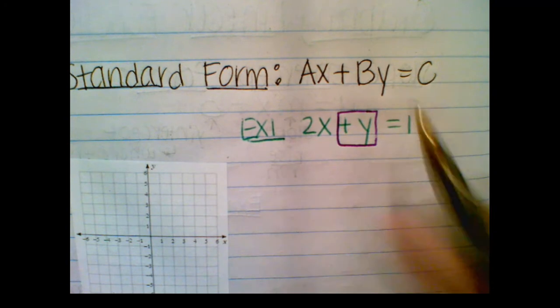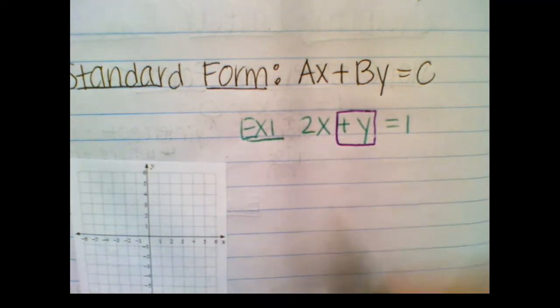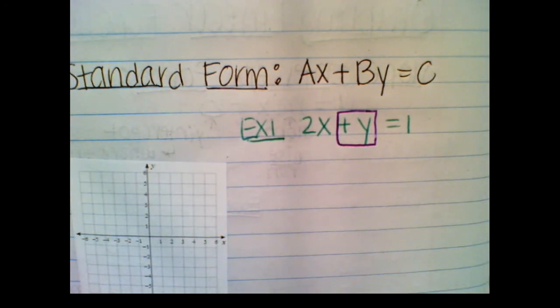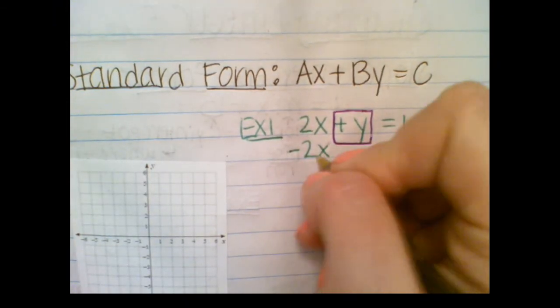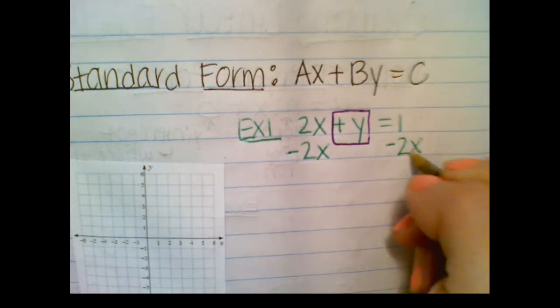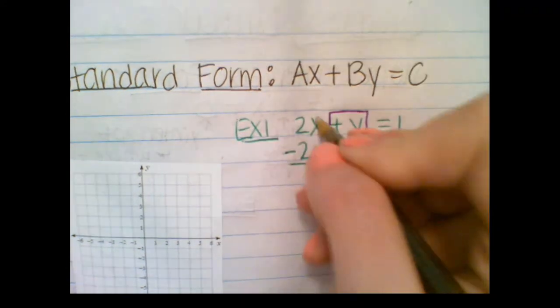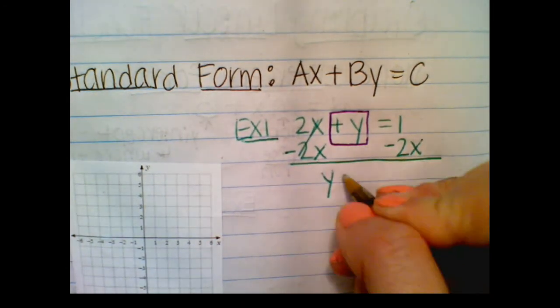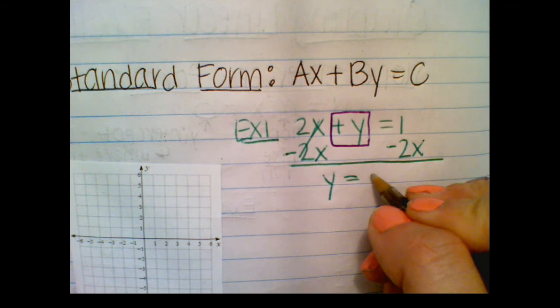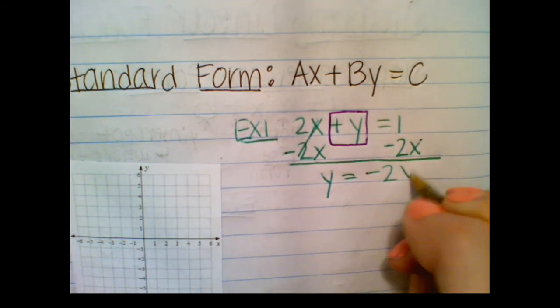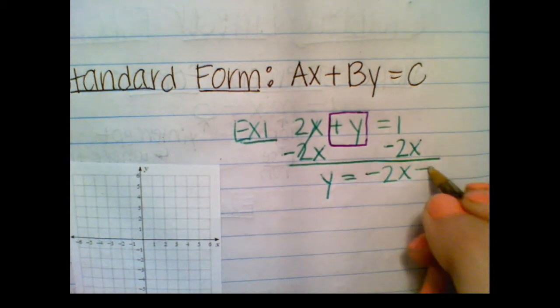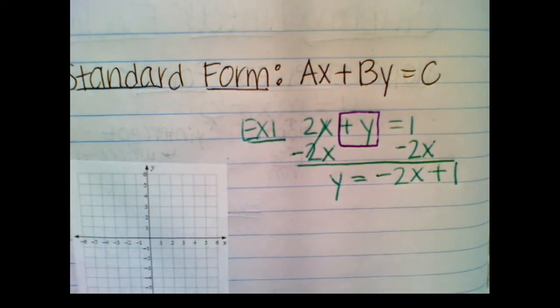That means I need to move positive 2x to the other side. If I want to move positive 2x, that means I have to subtract 2x from this side and from this side. So that means I end up with just y equals, and now I'm going to write the x part first so it's in front. So negative 2x, and then I had this 1 and it was positive, so plus 1.